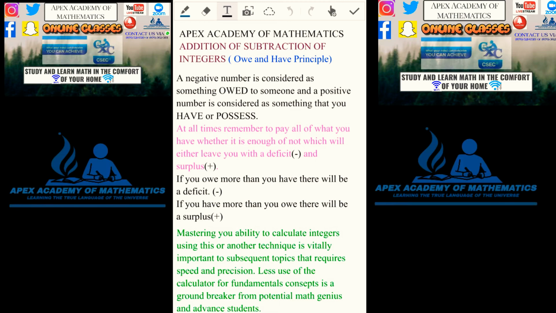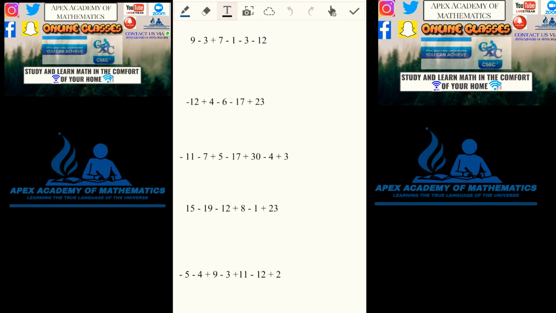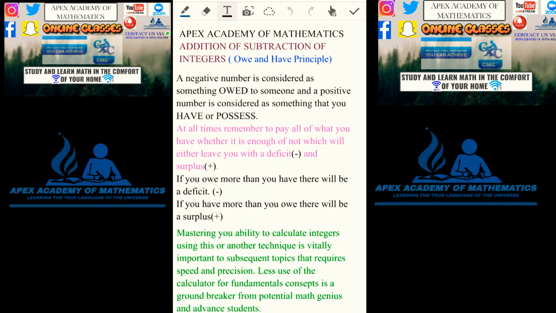And when I say very basic, I'm referring to questions like, of course, those as you can see on the screen right now. All right, when you have to resort to your calculator to help you with stuff like this, it means your fundamental is weak and you need to work on it. All right, so we're going to be looking at what is the O and have principle and how we can use this to our advantage.